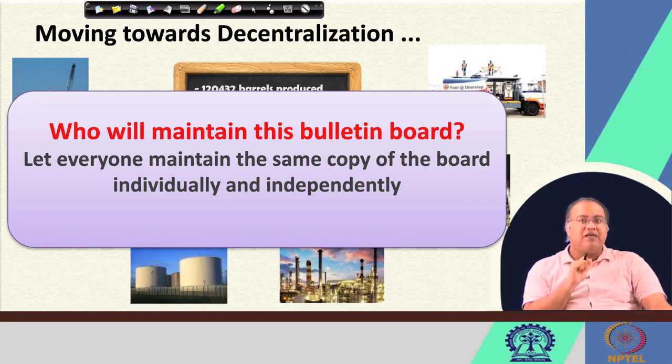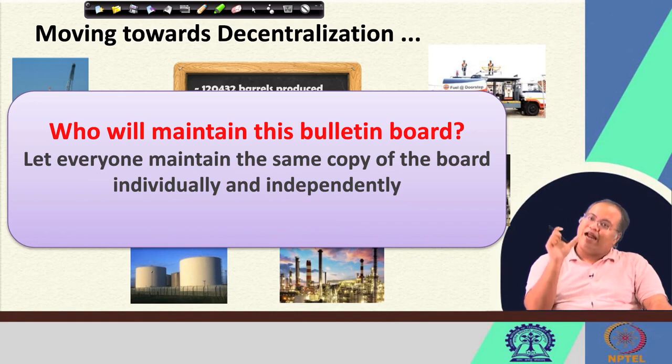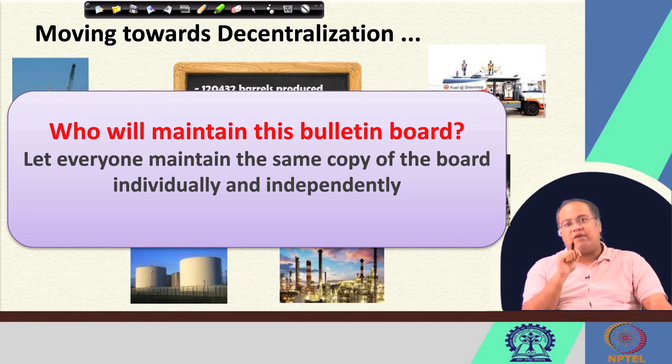That means rather than having a single copy of the board maintained by someone, I am making a decentralized architecture of that board. Rather than a single entity maintaining the entire board, let every individual organization maintain that board. So that way I can get a decentralized architecture.